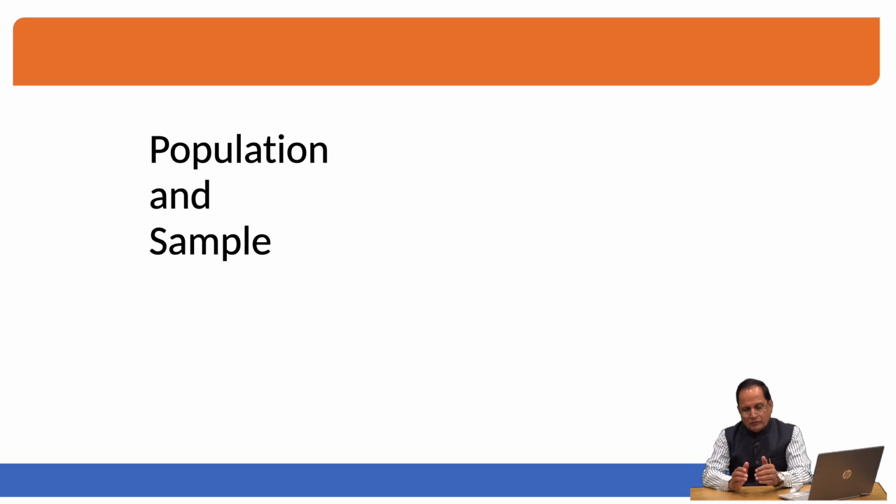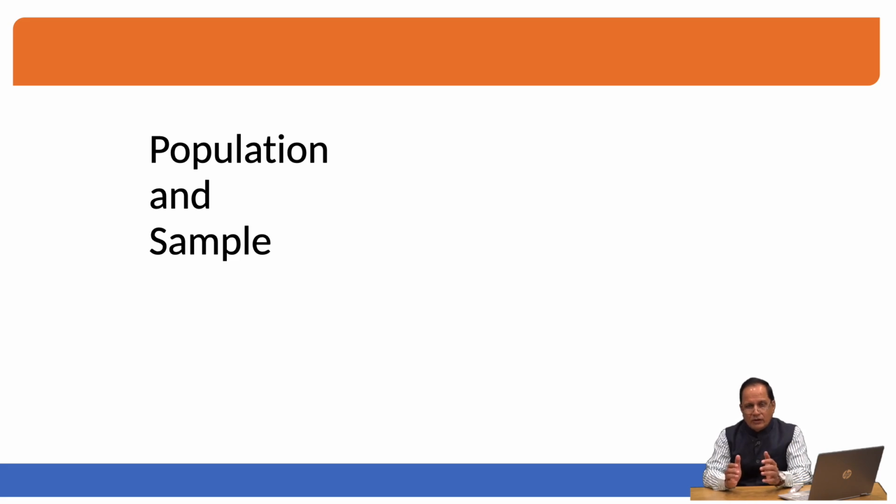So, this is population. Population is also known as universe for the study. Universe and population are considered synonyms in research methodology. Once we have finalized the population, then it would be decided whether we will go for a census study or a sample study. Now, what is a census study?